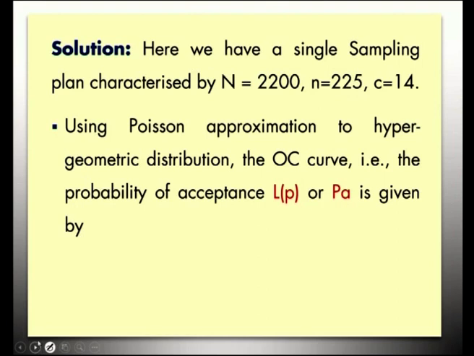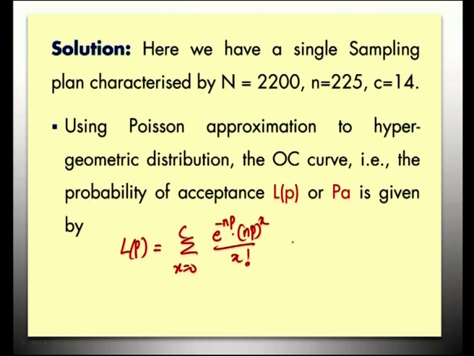Now, using Poisson approximation to hypergeometric distribution, the OC curve, that is the probability of acceptance L of P or PA, is given by the formula L of P is equal to summation x is equal to 0 to c, e power minus np whole power x by x factorial.